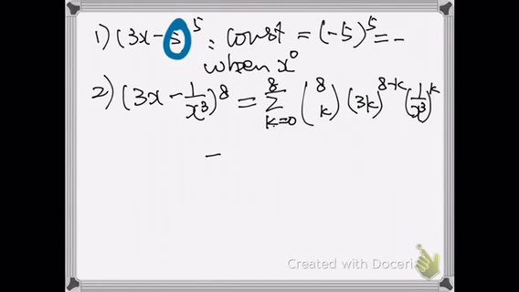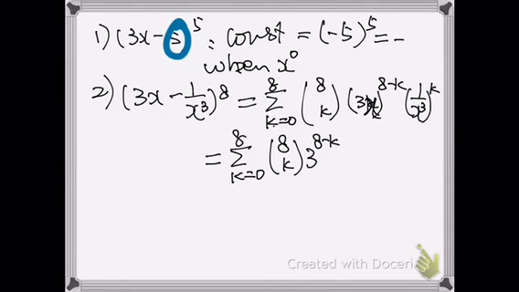Tidy them up. So now we've got x to the power of 8 minus k, and also x to the power of negative 3k.